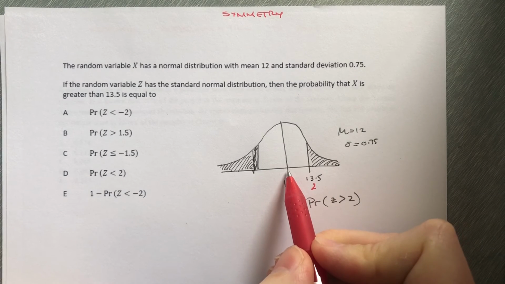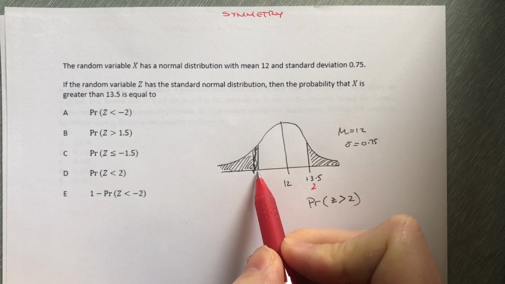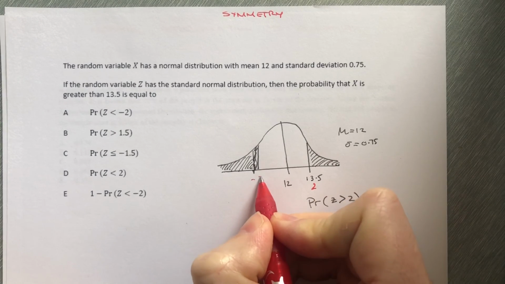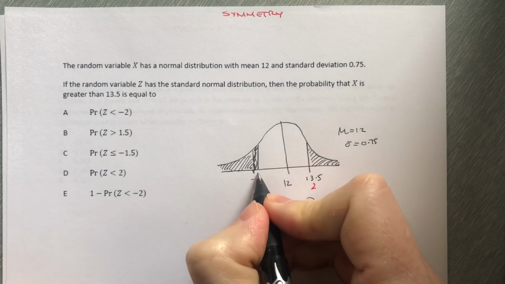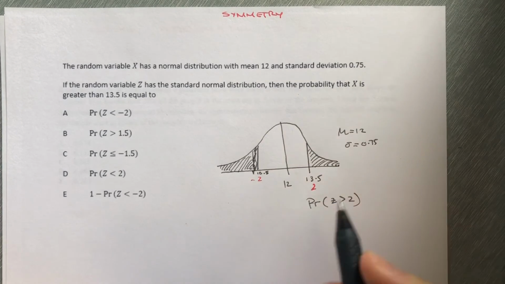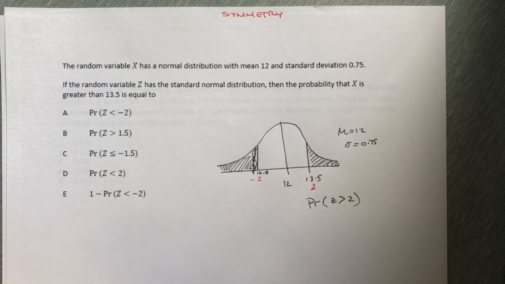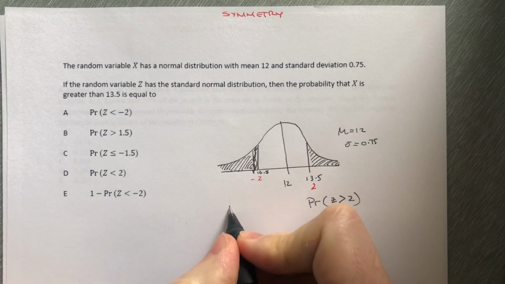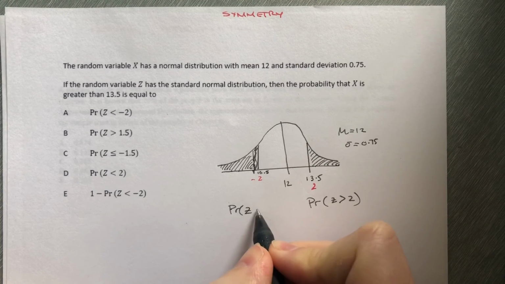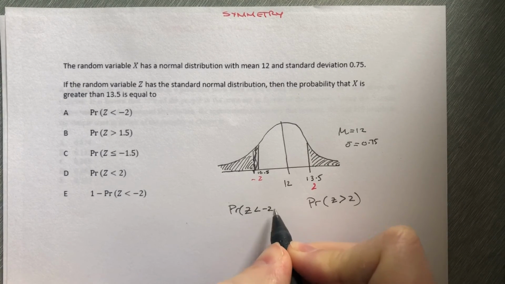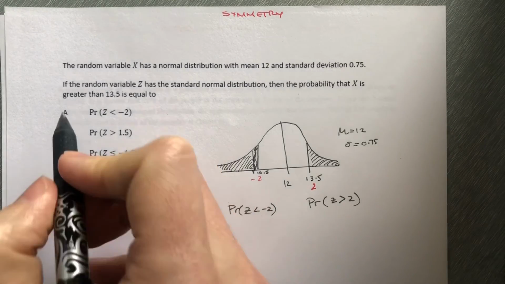So if that's 2 standard deviations above the mean, this one over here must be 2 standard deviations below the mean. So that would be negative 2. If you wanted an x value, that'd be 10.5 because you're taking away 0.75 twice, but you don't actually need that. We're only really after the z. So we could also say the probability that we're after is when z is less than negative 2. Let's see if that's in the answers. Yeah, it is. It's A.